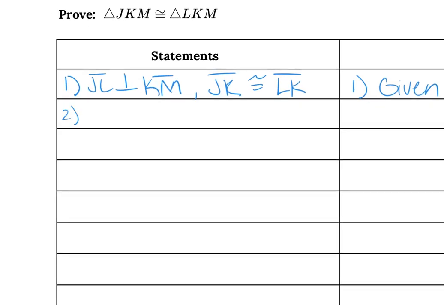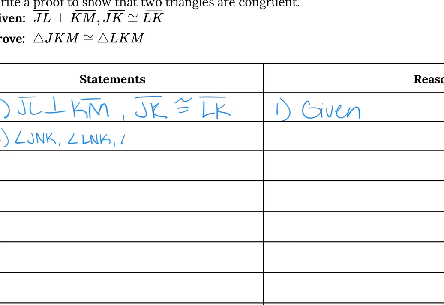So we know that angle JNK and angle LNK, angle JNM and angle LNM are right angles. And that is through definition of perpendicular.